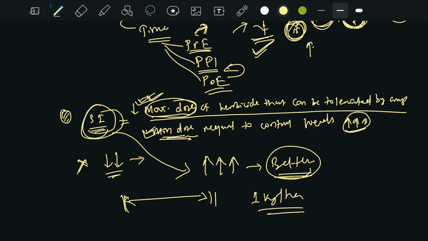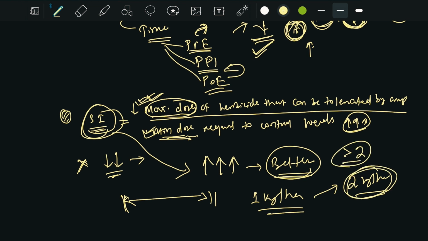But the farmer, instead of using 1 kg per hectare, uses 2 kg per hectare. If the selectivity index is more than 2, then that plant can tolerate this much amount of herbicide without showing any phytotoxic effect. But if the selectivity index is less than 2, that means if the farmer is applying 2 kg per hectare and the recommended is 1 kg per hectare, then there will be a phytotoxic effect on that crop.